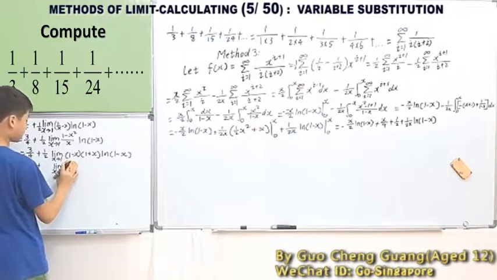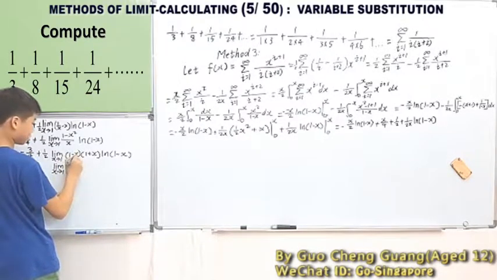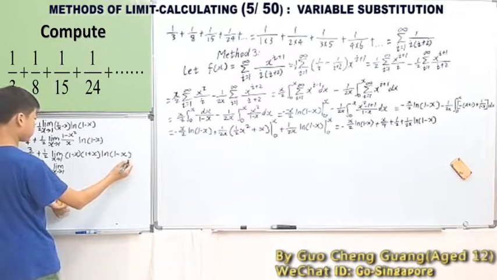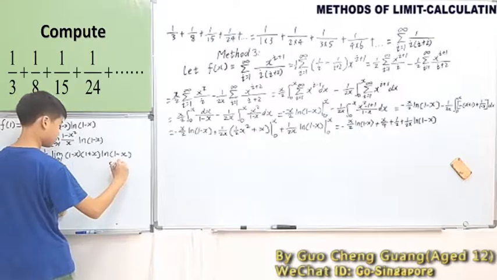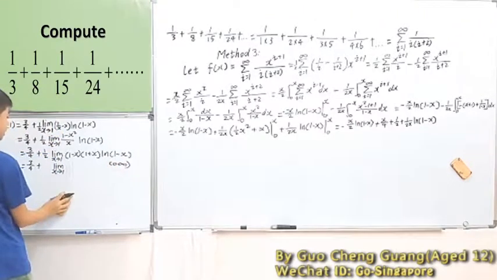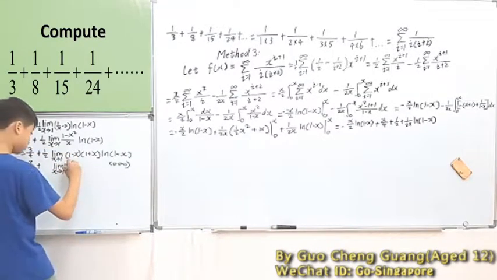But for this part inside, you'll realize here is a 0, here is infinity. So you get a 0 times infinity. Then 0 times infinity, you can put this 0, this 1 minus x, as a denominator of the denominator.